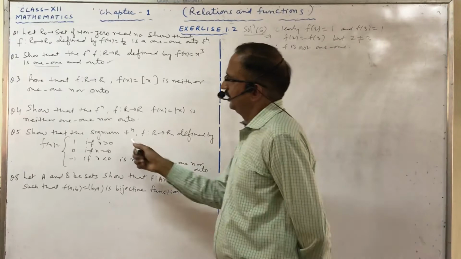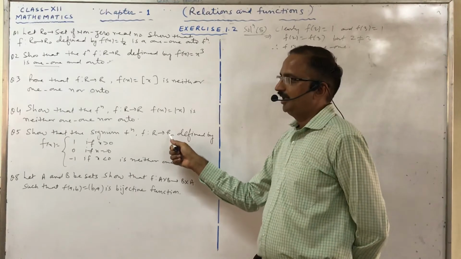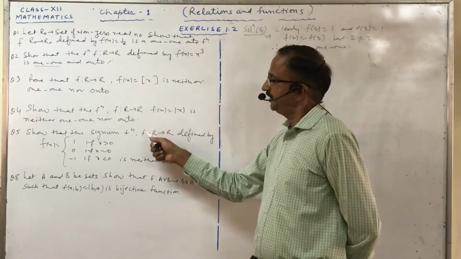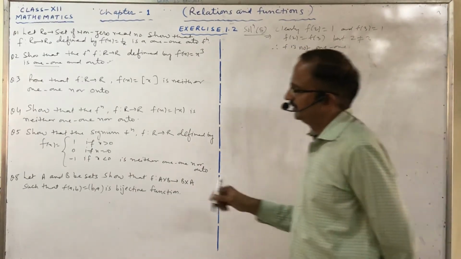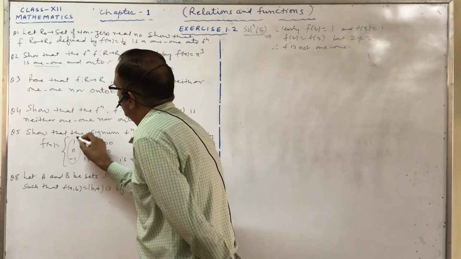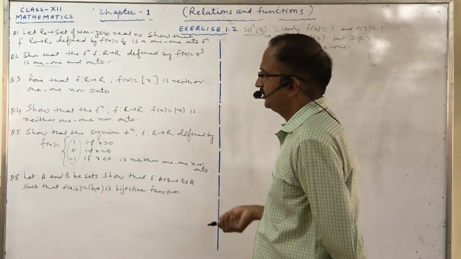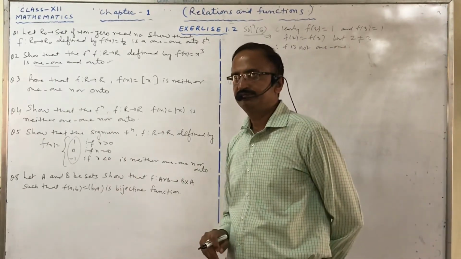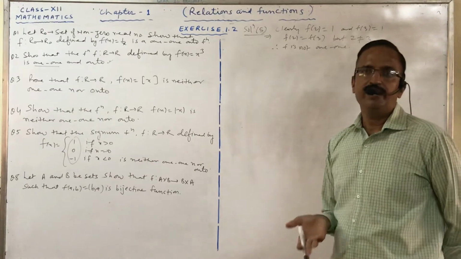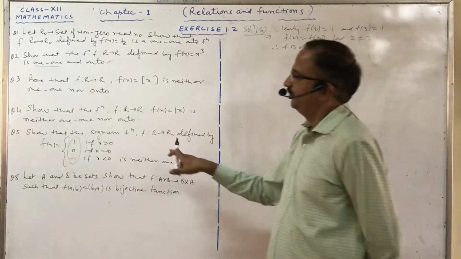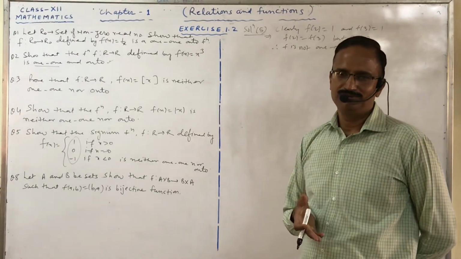Now, this function is defined from real numbers to real numbers. It means if every real number has its pre-image in the real numbers, then only we can say that it is onto. But since we have only 3 elements which are the images of all the real numbers, except these 3, the other elements do not have any pre-image in the domain. So we can say that it is not onto.